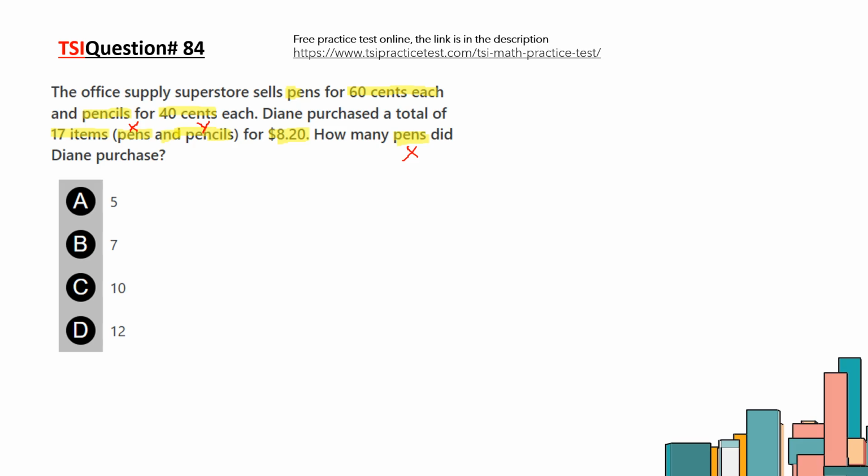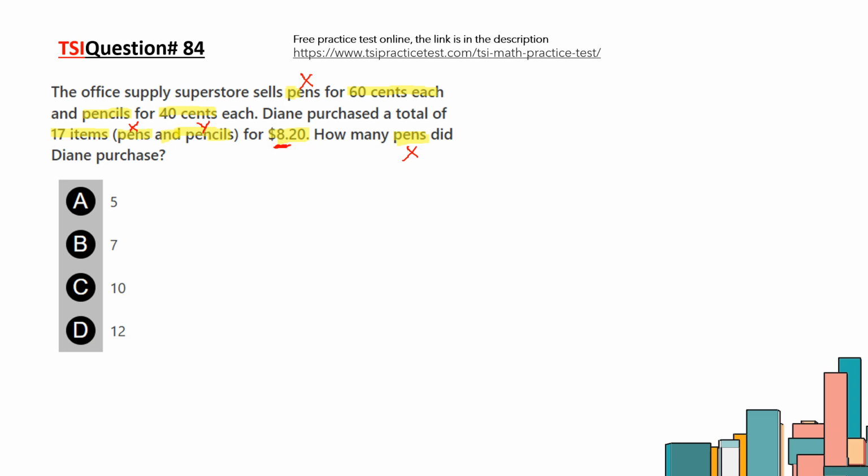Now we have pens, x, cost 60 cents. Pencils cost 40 cents. And here the total is in dollars, so make sure you convert them all into the same unit.